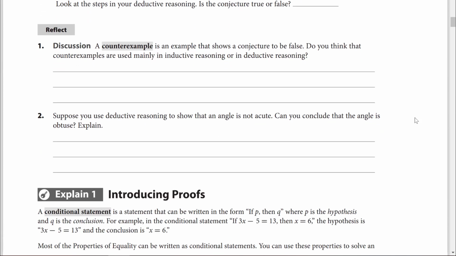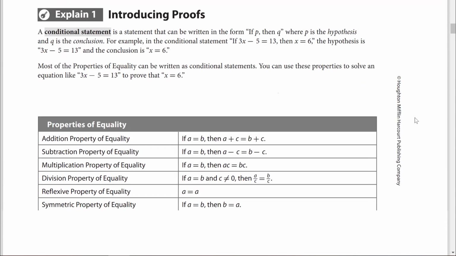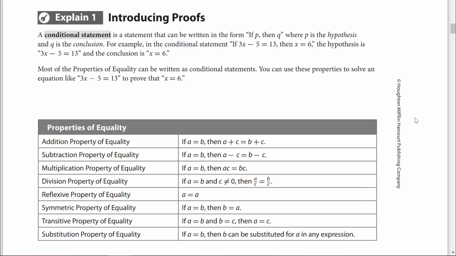All right, let's jump down to example 1 and go over how exactly we prove these. How do we turn a conjecture into a rule? Well, one way is we're going to make a conditional statement, and these are always written if-then. The if part is our hypothesis, the then part is our conclusion.